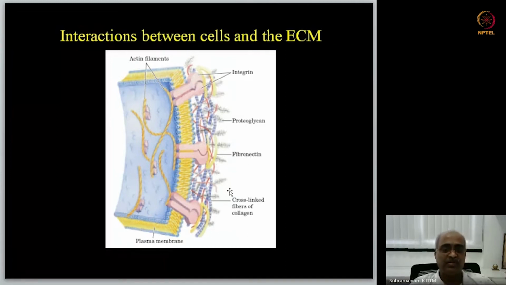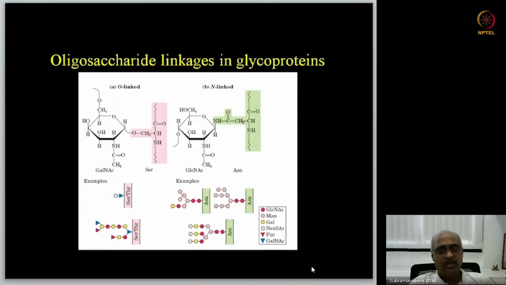So they have multiple roles. Just do not view this as if it is analogous to the cement or mortar used for holding bricks in a wall. Okay, so that is about our discussion on glycosaminoglycans.